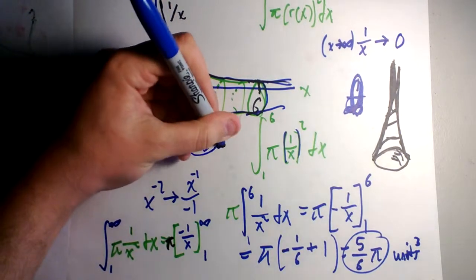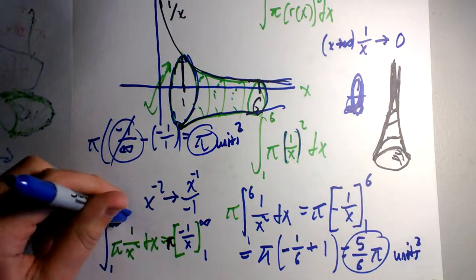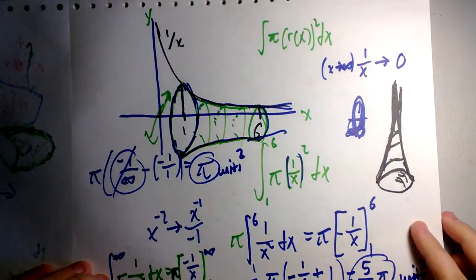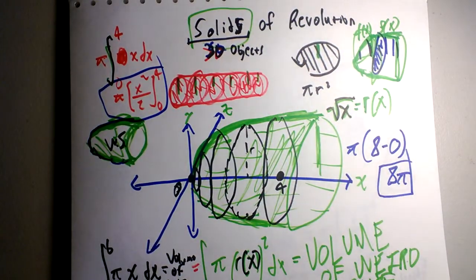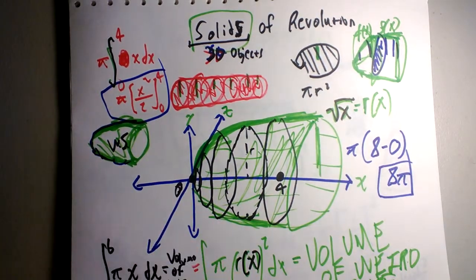And of course it'd be units cubed. All right, see what we're doing here? This is incredible. And I don't know how else to put it into words. All you're doing is rotating an object, and somehow out of the blue, you can do some simple integral problems. I would call these very simple integral problems to get these crazy, awesome results.